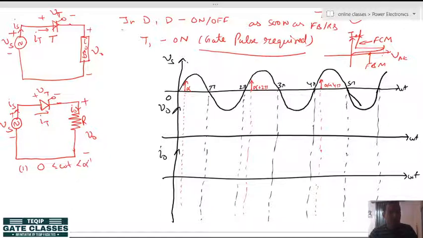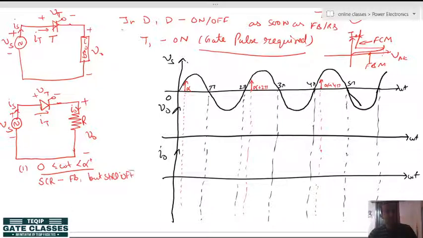From 0 to alpha, although the SCR is forward biased, it is still off.